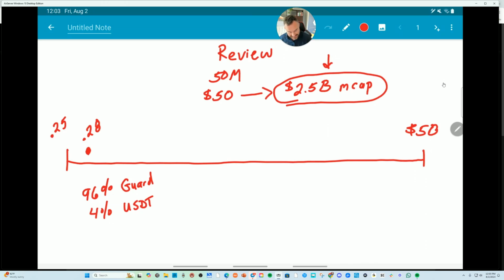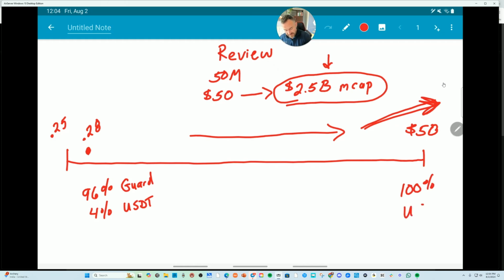As you move in this direction, meaning as guard goes up in value per token, your ratio distribution will lean more heavily towards USDT until you pop out the end of the range. If guard goes above $50, you would be at 100% USDT, whereas if it goes out of range on this side, you would be at 100% guard.